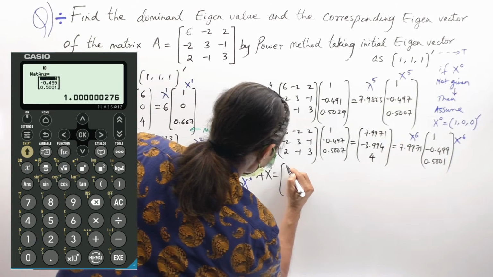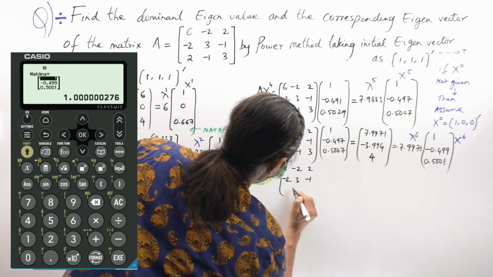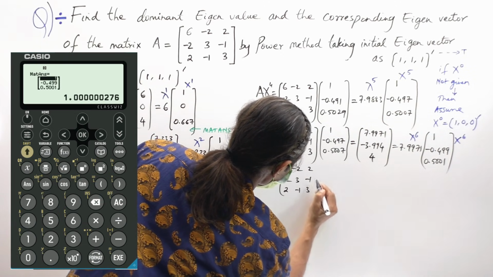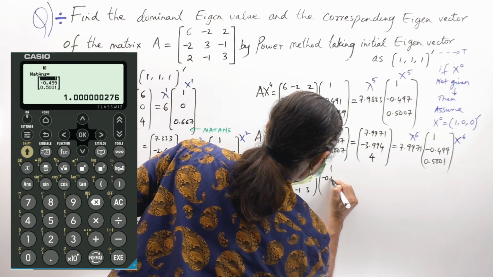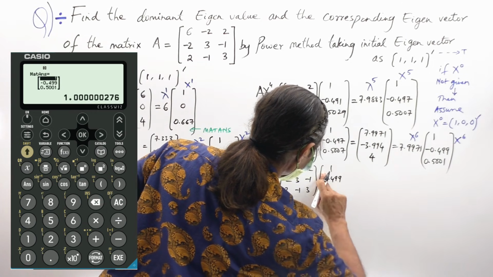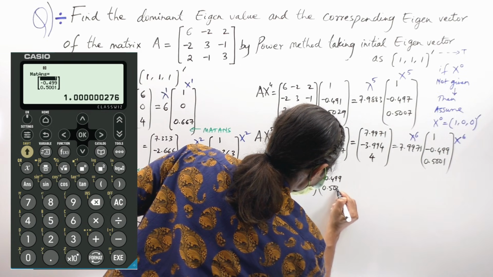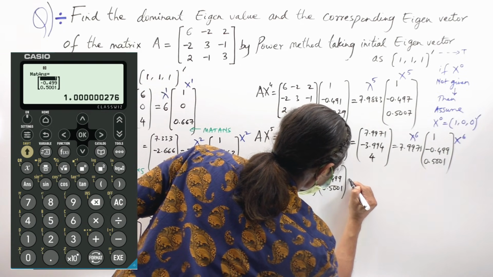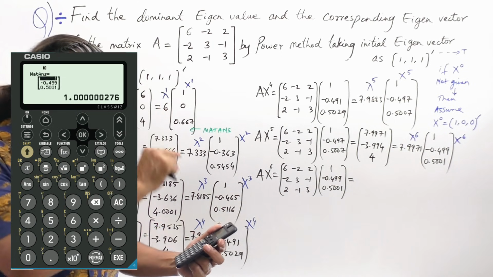Now again, 6 minus 2, 2, minus 2, 3, minus 1, 2, minus 1, 3, into again 1 minus 0.499 and 0.5001 equals to, again same steps.